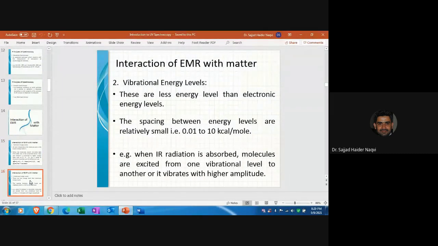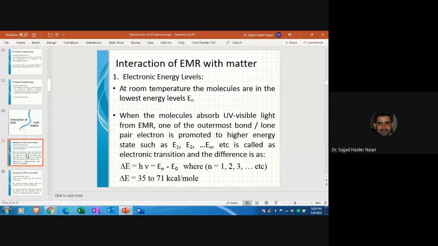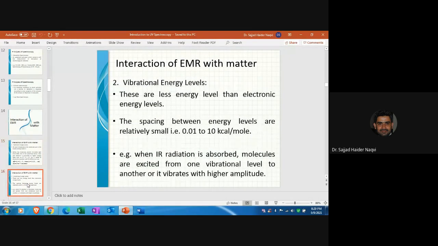There is another kind of energy that we will be considering now. This was the electronic energy levels, and you see how when the electromagnetic radiation passes through the sample, it increases the energy level of the molecule in terms of increasing the energies of the electron, and that's how you calculate the change of energy. There is another thing to discuss, which is vibrational energy levels.